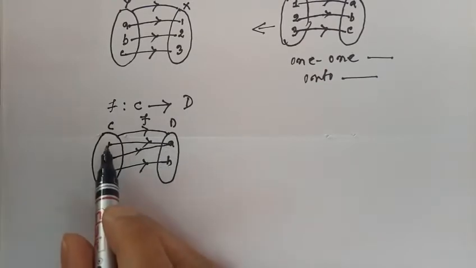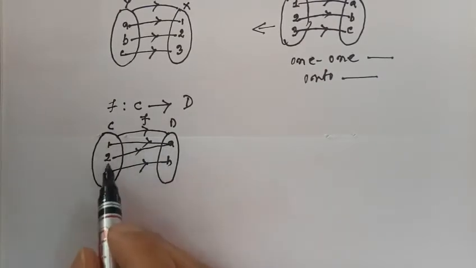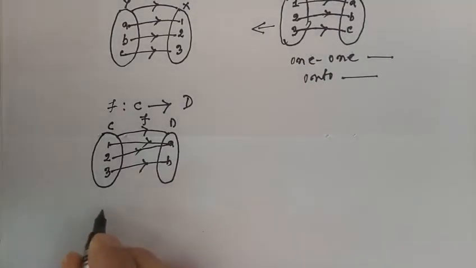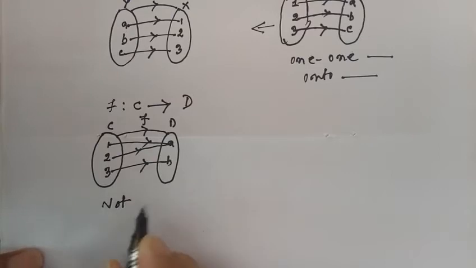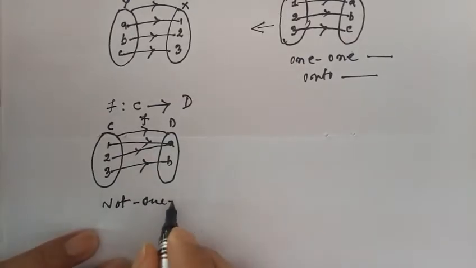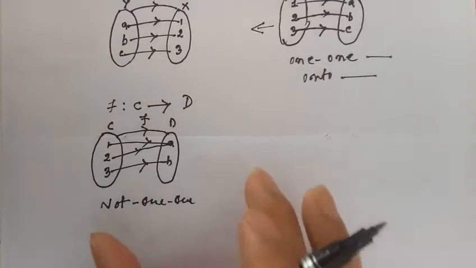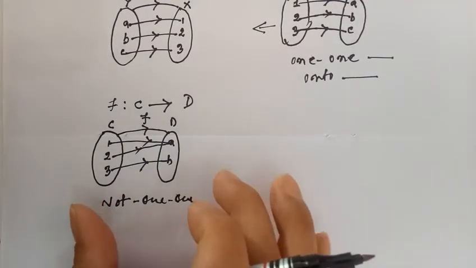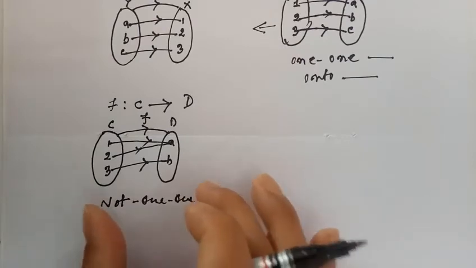But here 1 and 2 relate to the same element, so it's not distinct. So the function is not 1-1. Therefore this function is not invertible. Invertibility of this function is not possible.